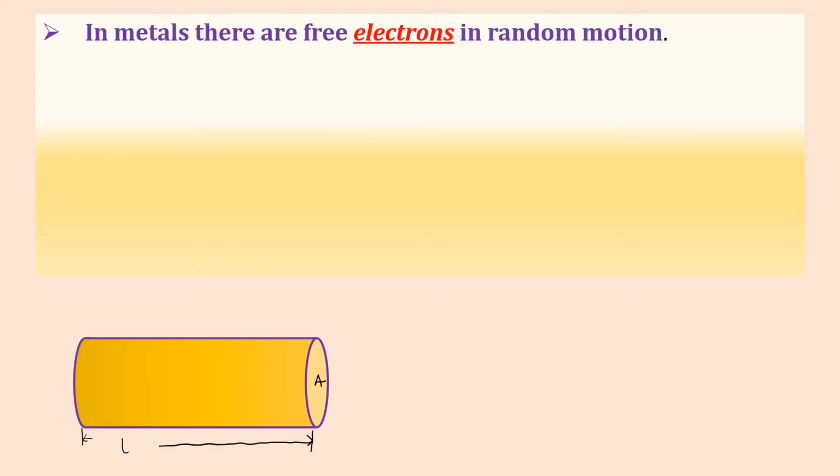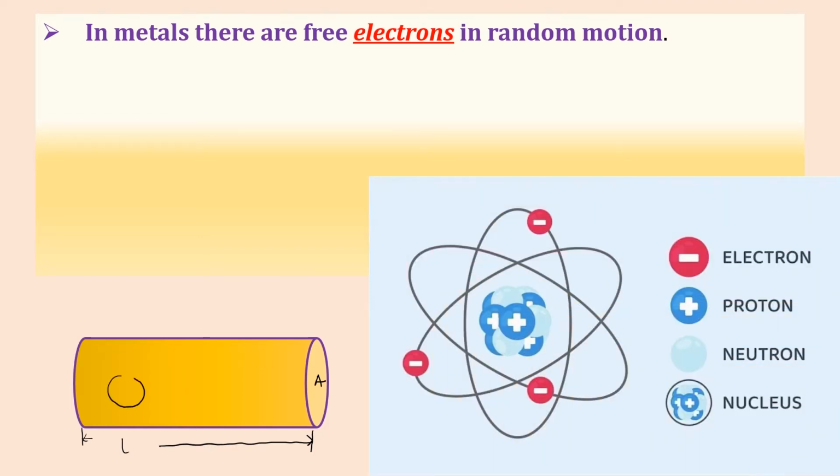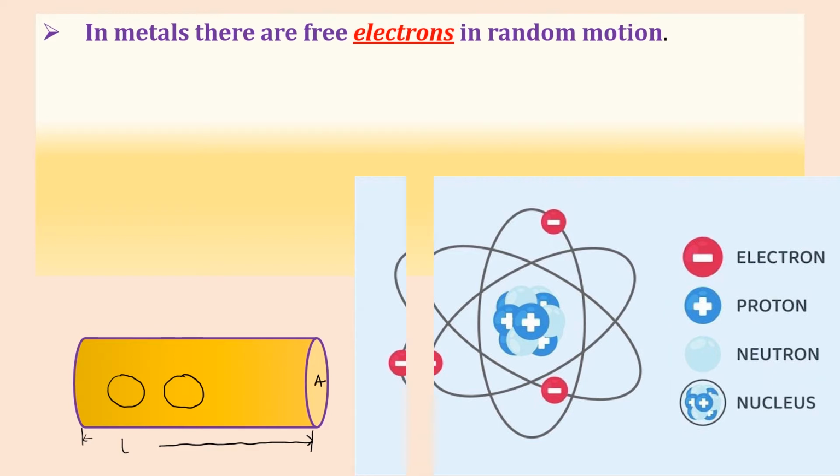We know that these metals have free electrons that are usually in random motion. Since these are metals, in them there are actually atoms. But we know that atoms have electrons, the negatively charged particles, and then the protons that are positively charged.